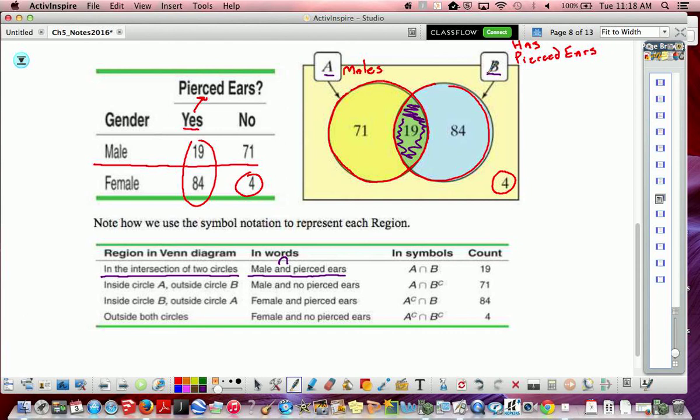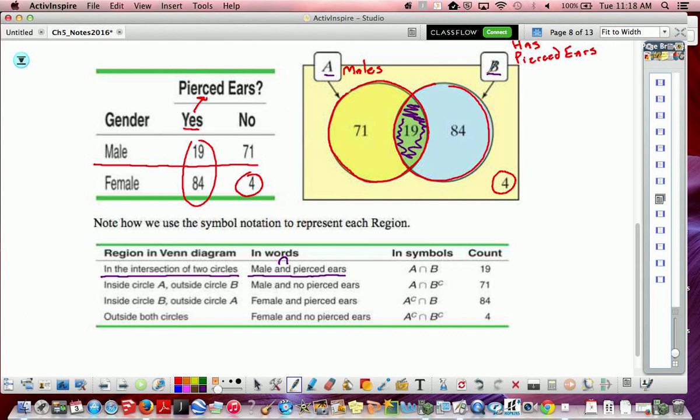Okay? Sometimes you can use letters to help you signify it. So I might have used, instead of A or B, I might have used M and P, M to represent males and P to represent pierced ears.